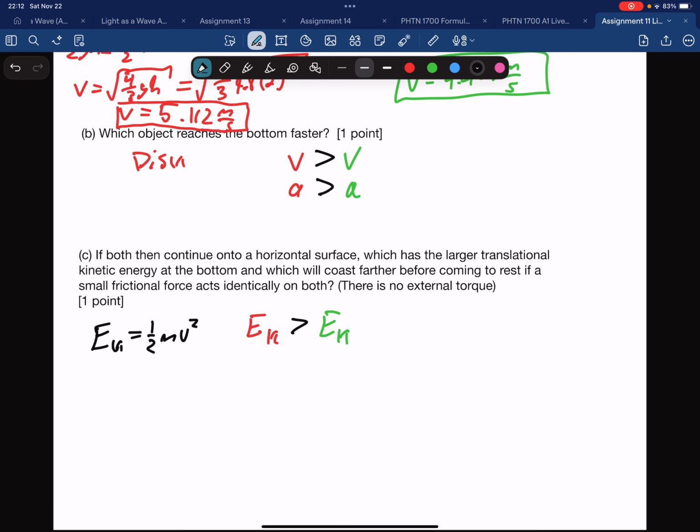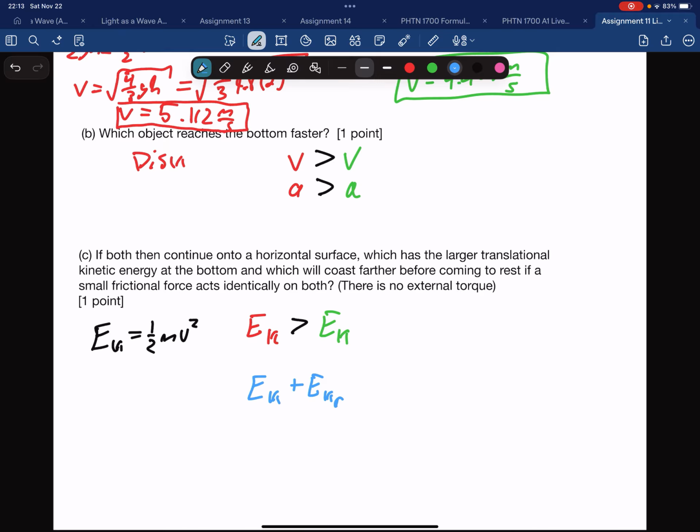It also asks which one will coast farther before coming to a rest if a small frictional force acts identically on both. Here, both of them have some translational kinetic energy and some rotational kinetic energy. We are told that there is no external torque, so there's nothing affecting the rotational kinetic energy.